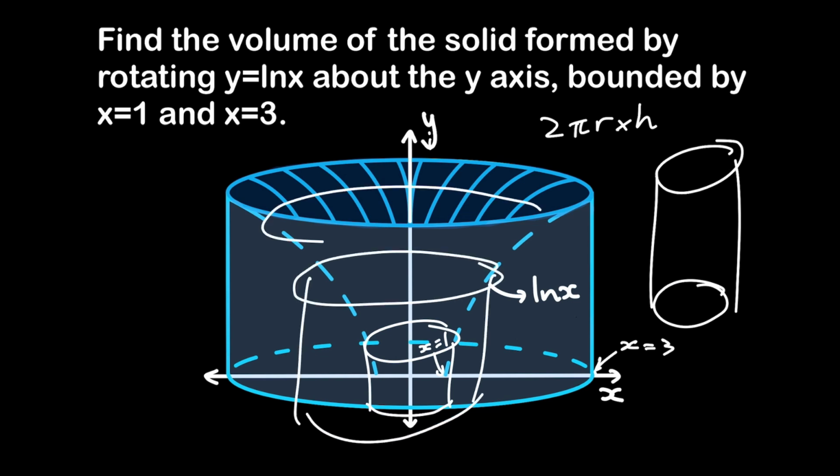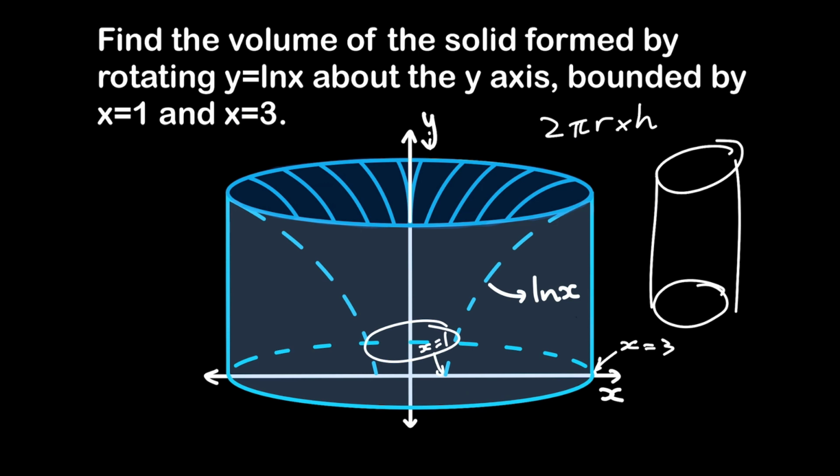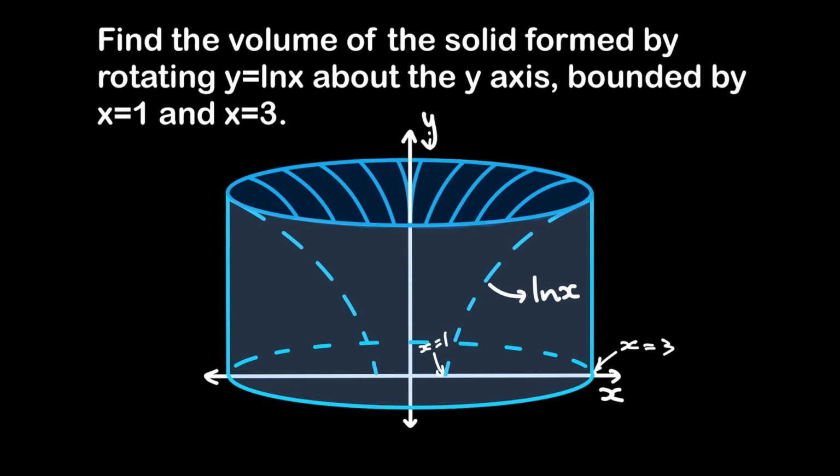We'll add up the surface area of all these cylinders using integration. That's essentially what integration does. It adds up the area of the infinite number of cylinders that lie between x equals 1 and x equals 3. If we add up all these areas, we will approach the volume, and therefore the answer to our integral will be the volume of this solid.